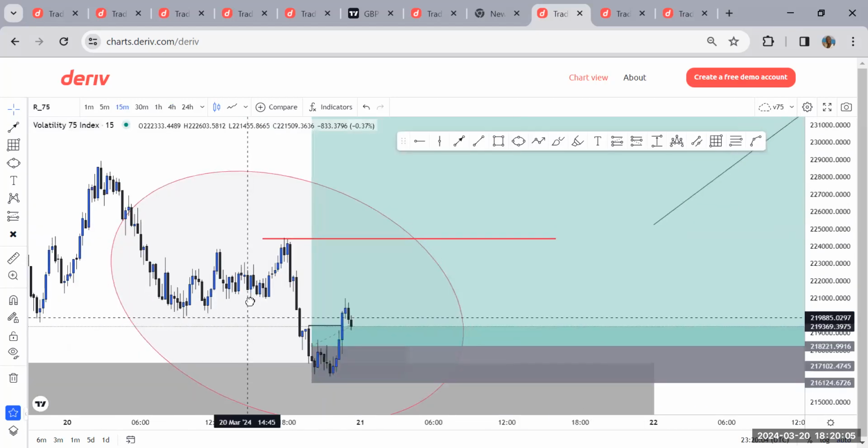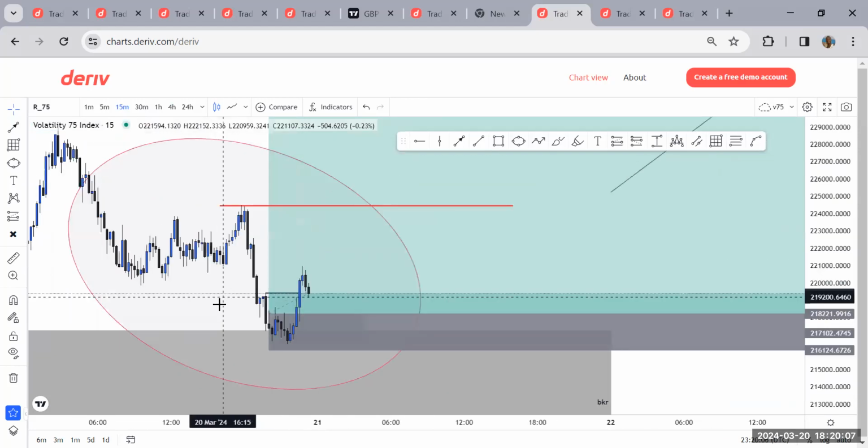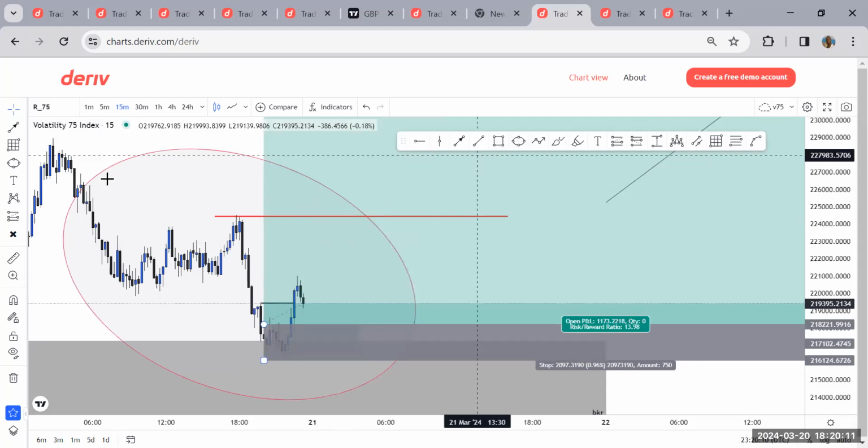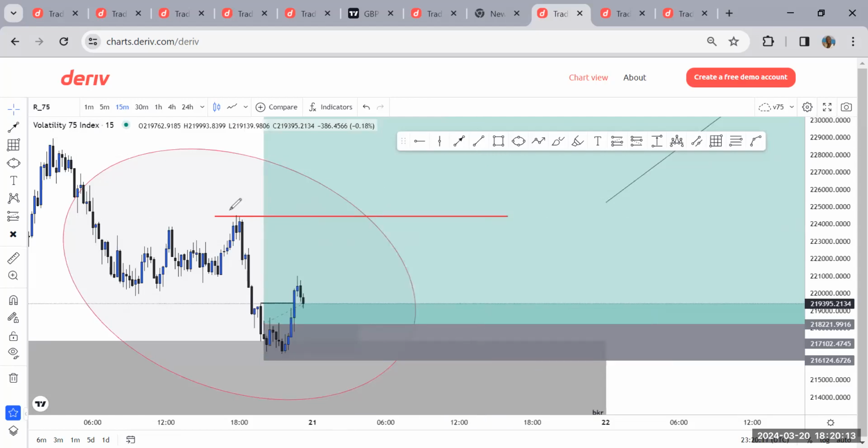So you have a more ideal market structure shift when the market is able to take this high. This is just an internal market structure shift.